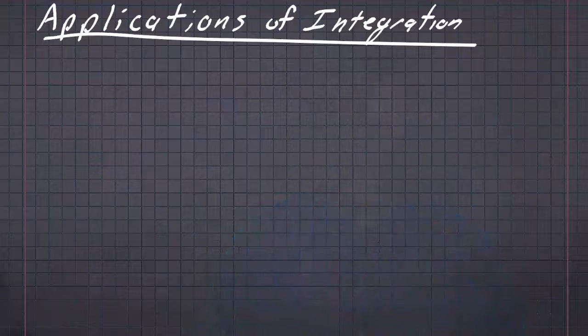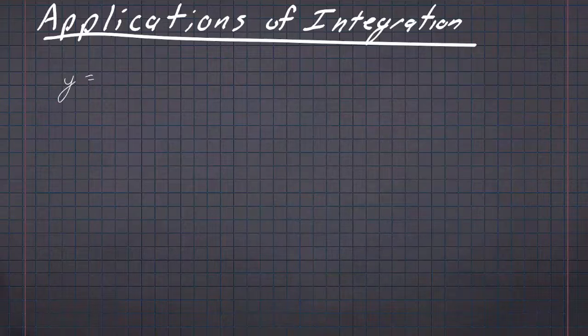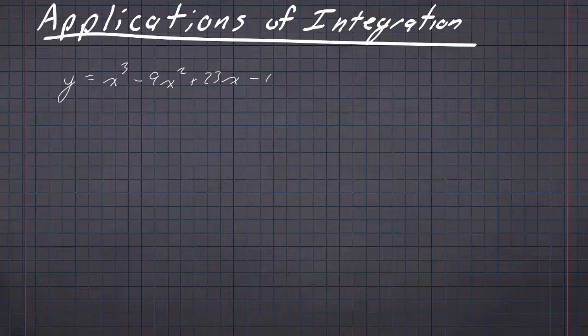So let me get my head out of the way, and let's take a look at the equation y equals x cubed minus 9x squared plus 23x minus 15. We can work out and graph this equation in detail if we would like to, but I just want to get enough information to figure out how to set up the integral.